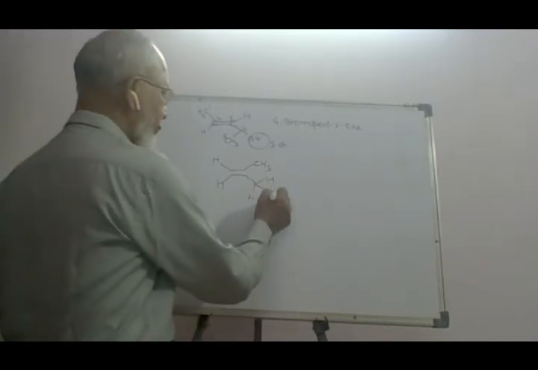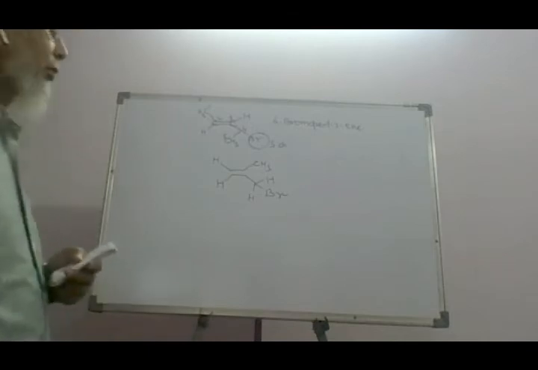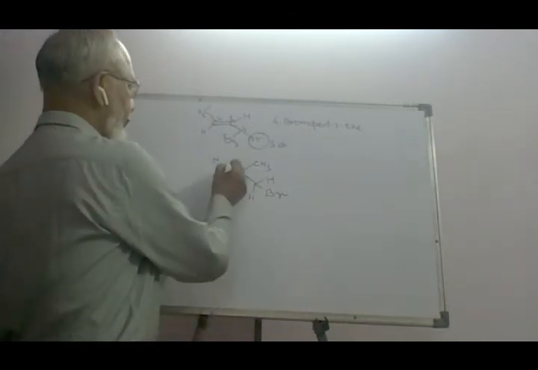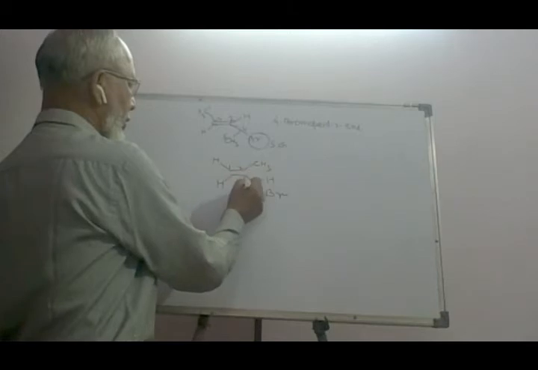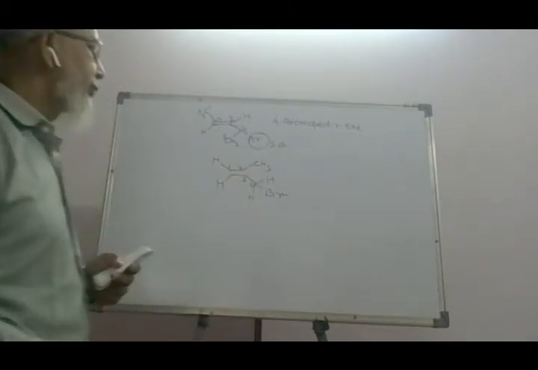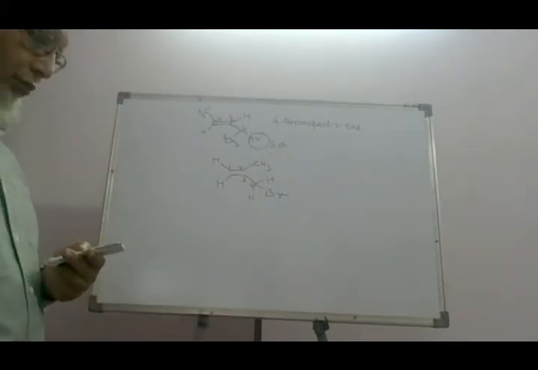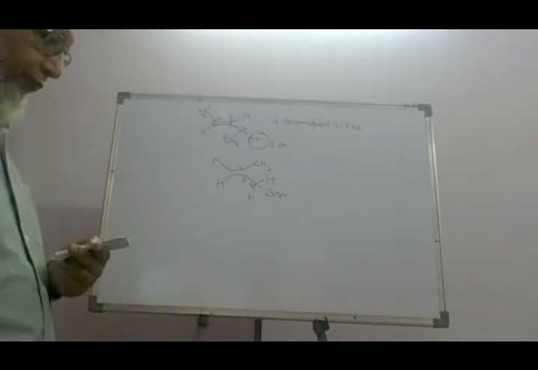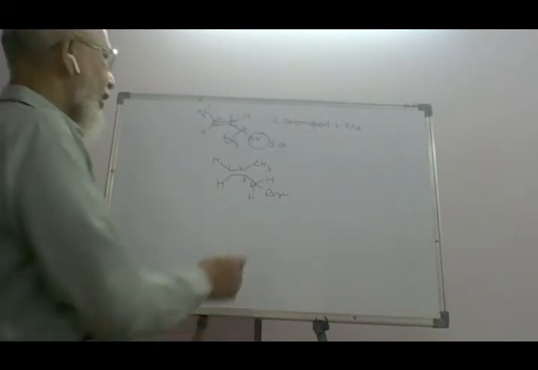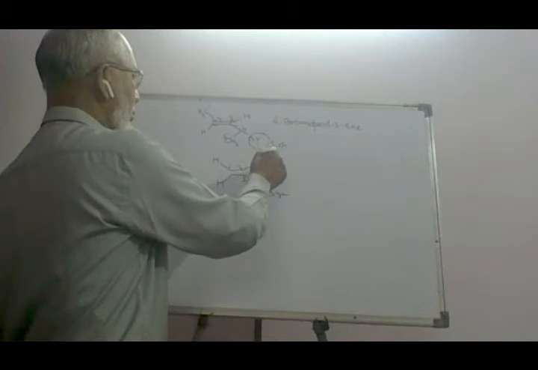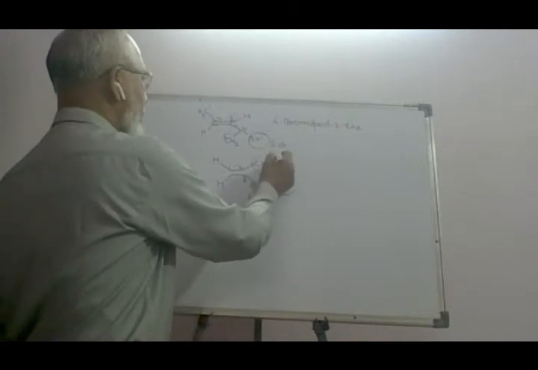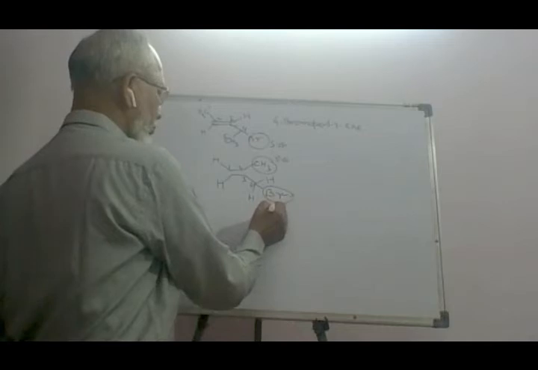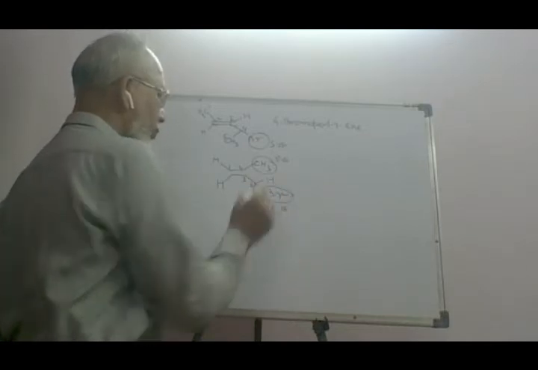This is your Br. So the longest possible chain is of 4 carbon atoms. At the second carbon atom, the substituent group is CH3 methyl, and at the fourth carbon atom, the substituent group is bromo.